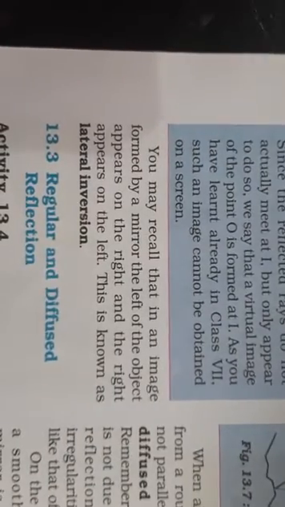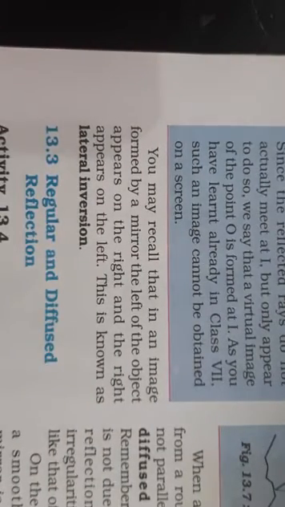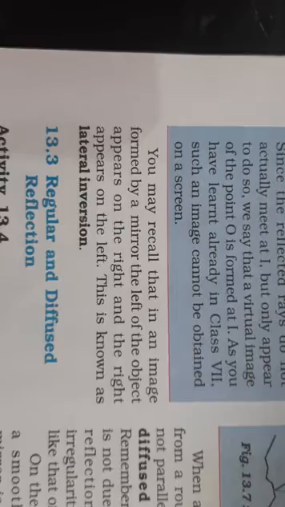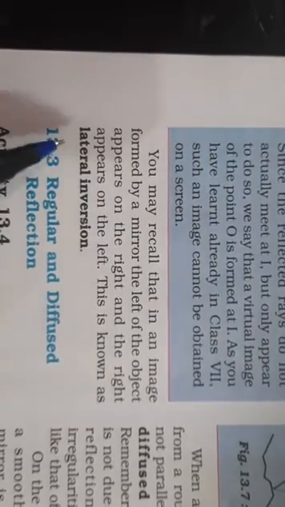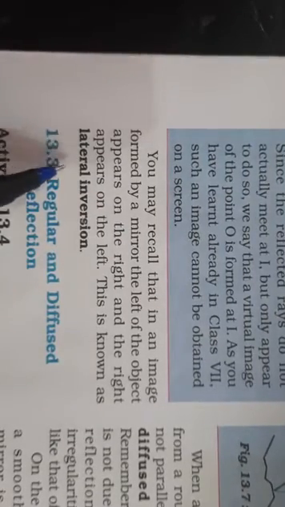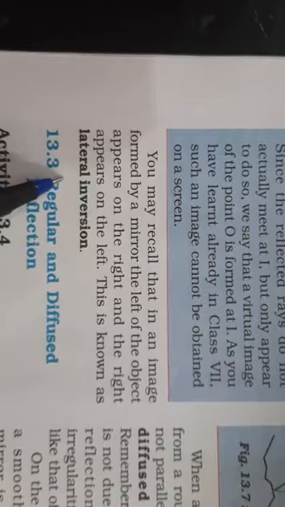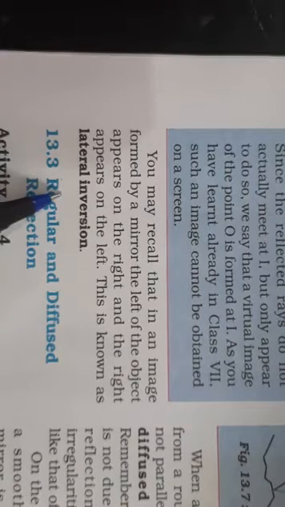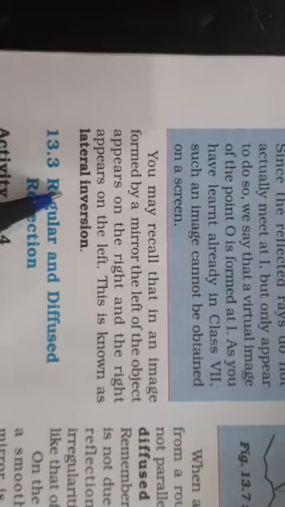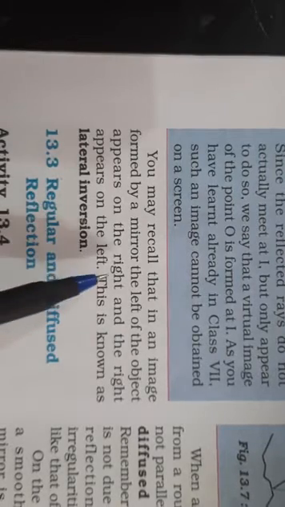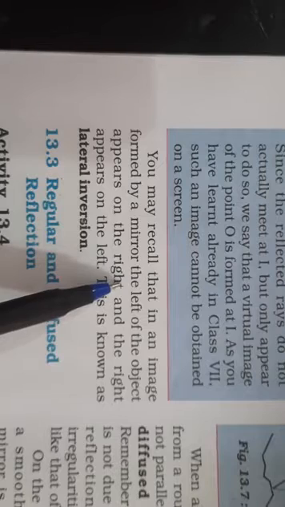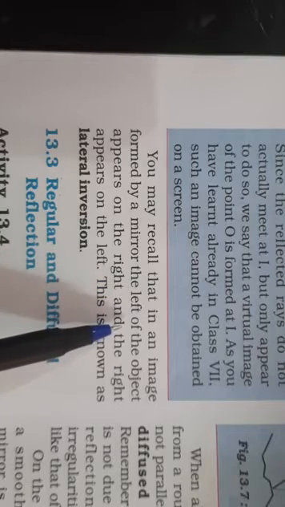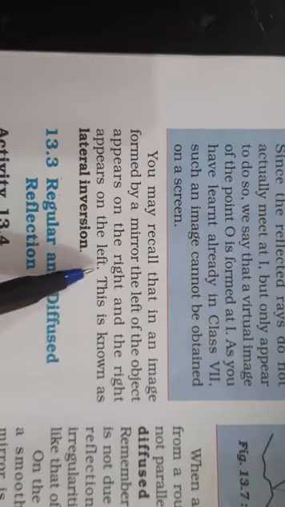If you remember, children, there is one more important characteristic of a mirror. What is it? Lateral inversion, which you have already studied in class 7. What is lateral inversion? When you lift your left hand in front of the mirror, you see it as your right hand, and when you lift your right hand, it seems to be your left hand.